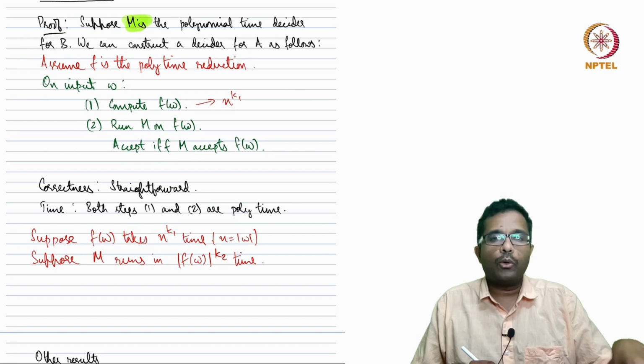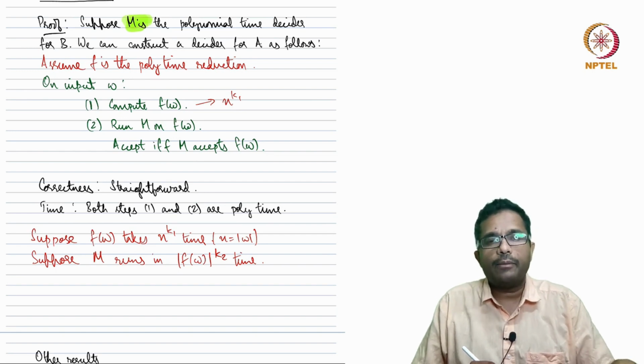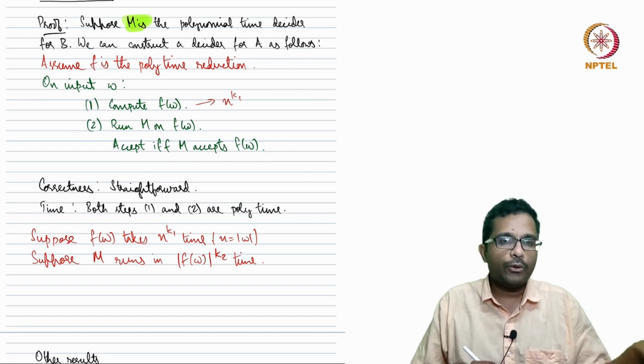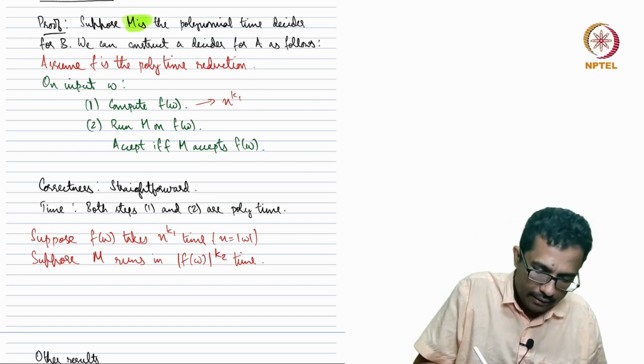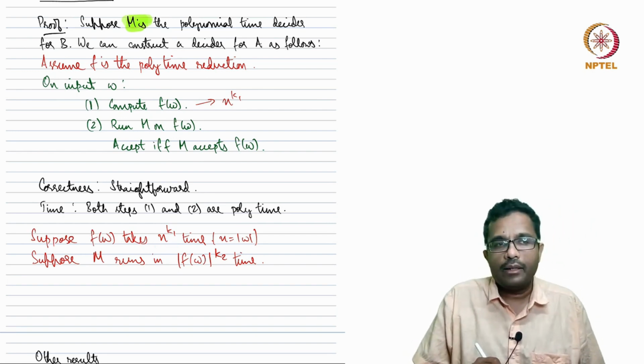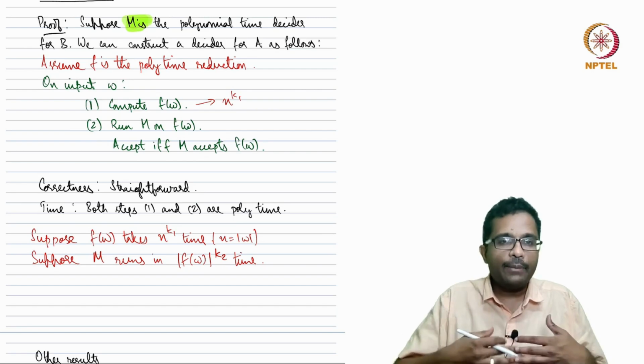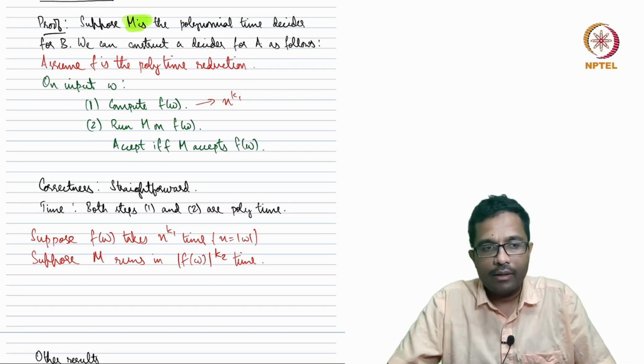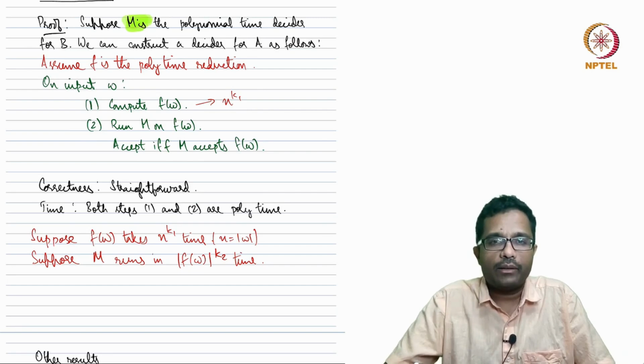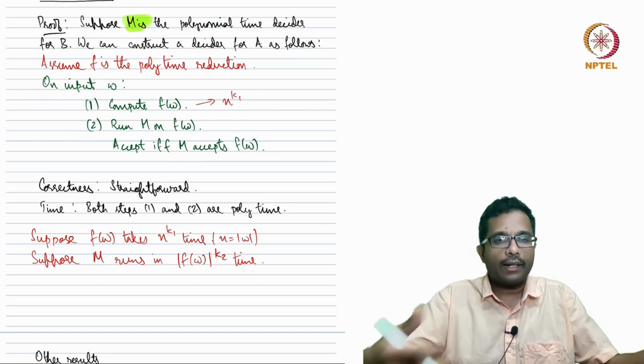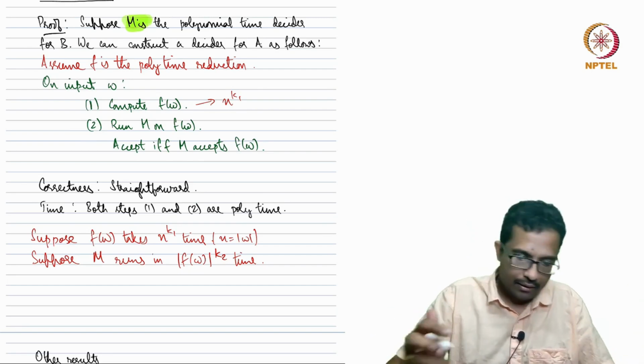The only thing that we know about f of W is that it is produced by a Turing machine that runs in time n power k1. Which means in that time it even has to write the output. So the length of f of W cannot be more than n power k1. If it is more, then writing the output will take more time.